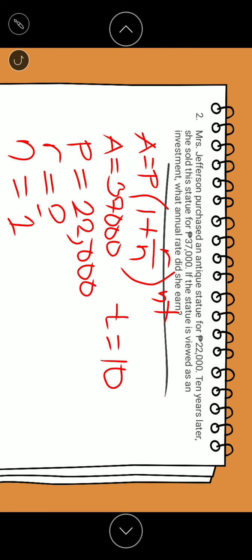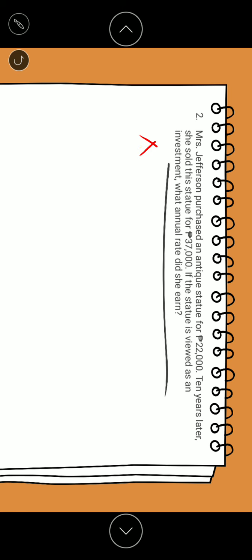Write down first the formula to use in the solution, which is A equals P, open parenthesis 1 plus R over N, to the power of N and T. Second, substitute all the given values to the formula.